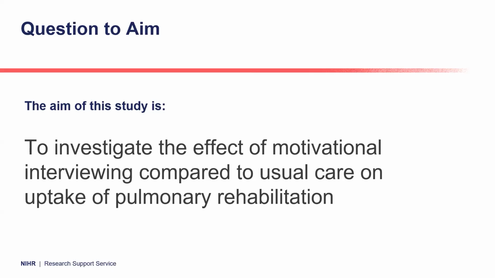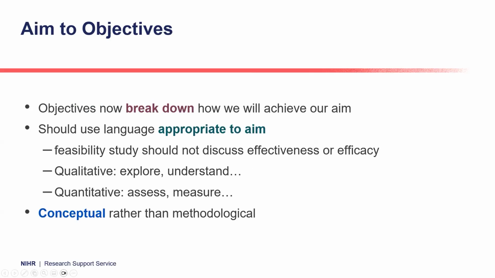They usually specify aims and objectives, but that aim could equally be a research question if that works better for you. And essentially, to turn our research question into an aim, all we're going to do is investigate the effect of motivational interviewing compared to usual care on the uptake of PR. So we've just changed the wording around a little bit, but we've kept the core elements exactly the same within the aim as we had in the research question.